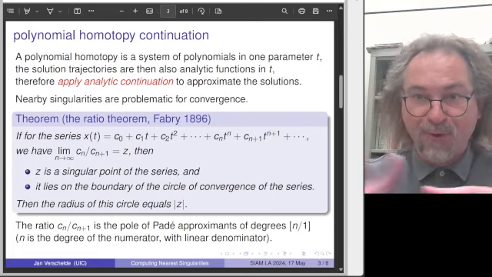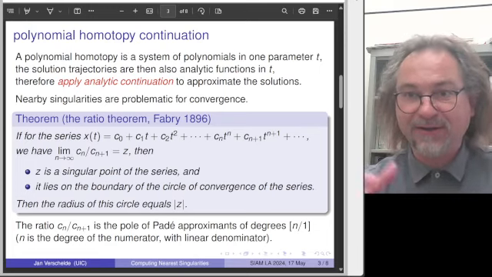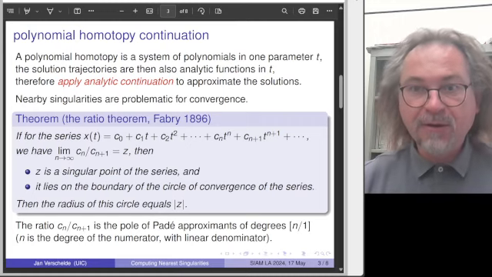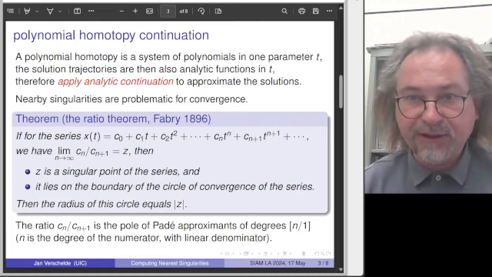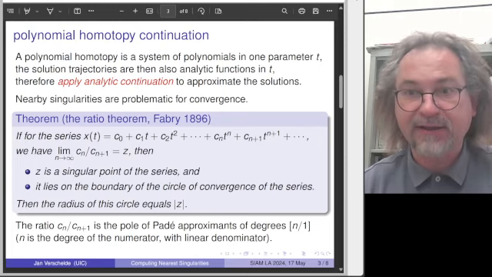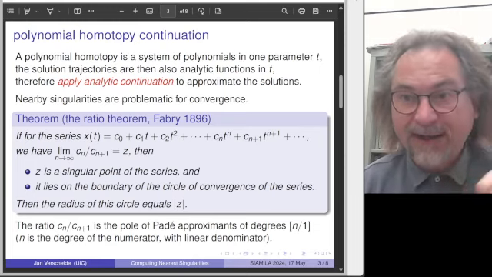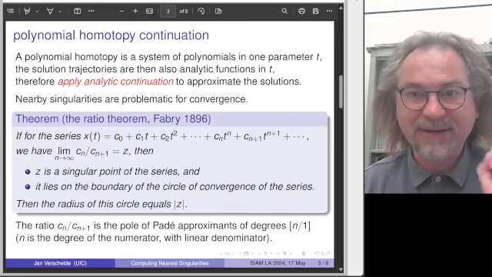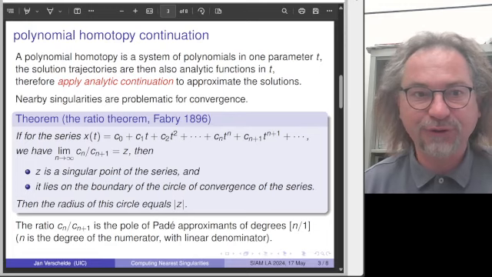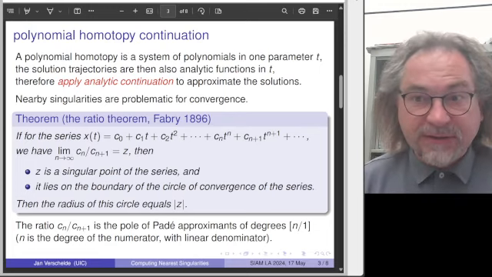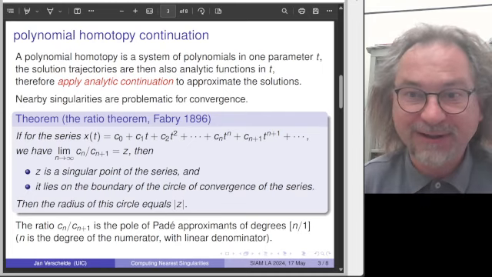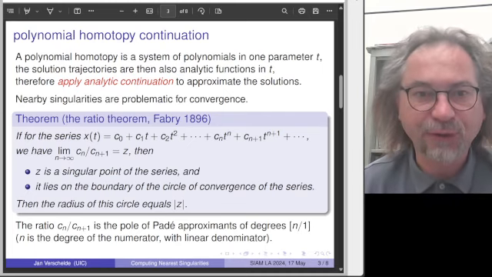The homotopy itself is a very nice transition between polynomials, but the solution paths actually can be very complicated. The essence is that they are analytic. So we can compute a Taylor series, because we always start at regular solutions. In some sense, this is analytic continuation, in particular numerical analytic continuation.